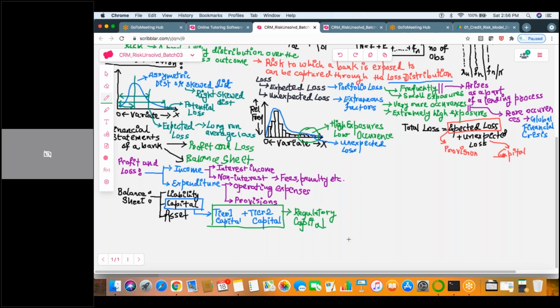One thing we need to explore is the relationship between the profit and loss statement, the provisions which are calculated from the PnL statement, and the capital which is calculated from the balance sheet.